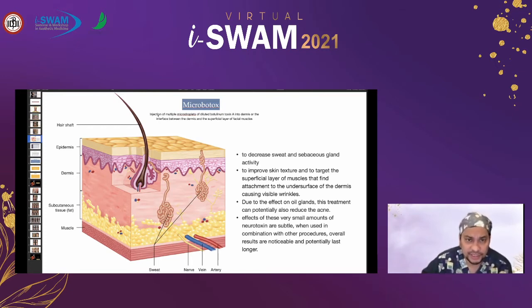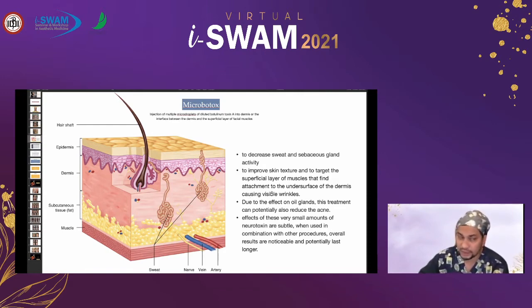Microbotox itself is an injection of multiple micro droplets of diluted botulinum toxin A into the dermis, or the interface between the dermis and the superficial layer of facial muscles. What we can achieve from this treatment is to decrease sweat and sebaceous gland activity, improve skin texture, and target the superficial layer of muscle that attaches to the undersurface of the dermis, causing visible wrinkles.